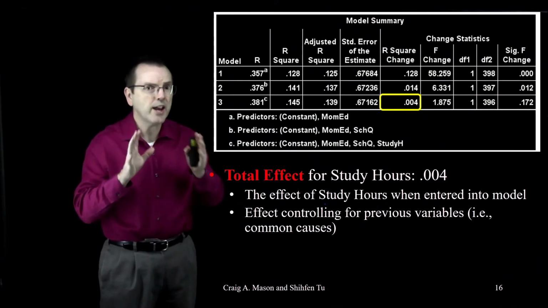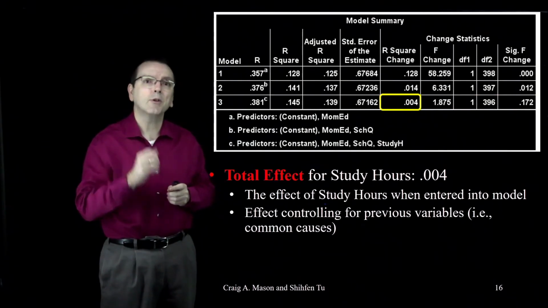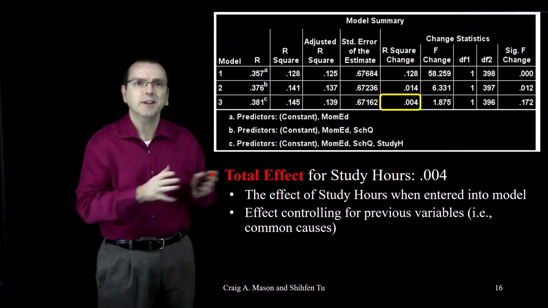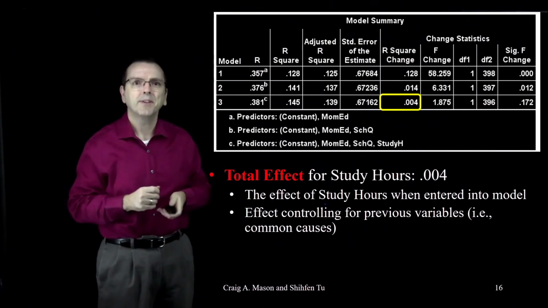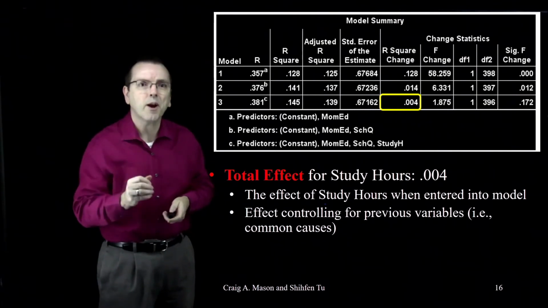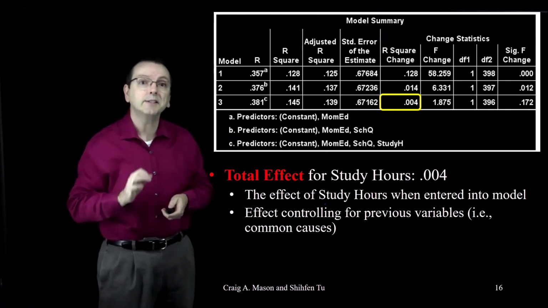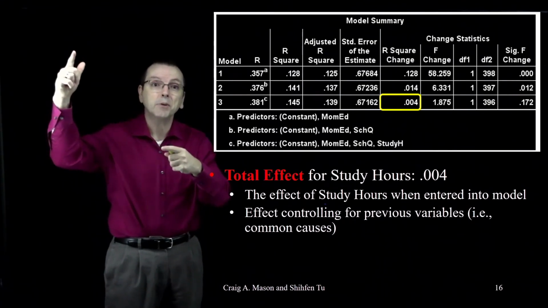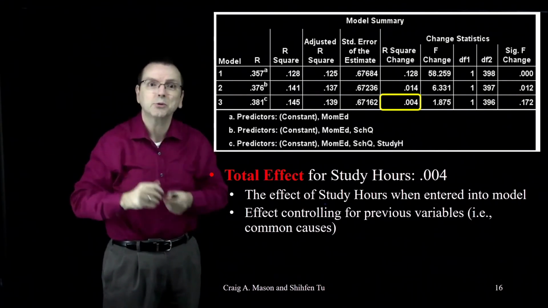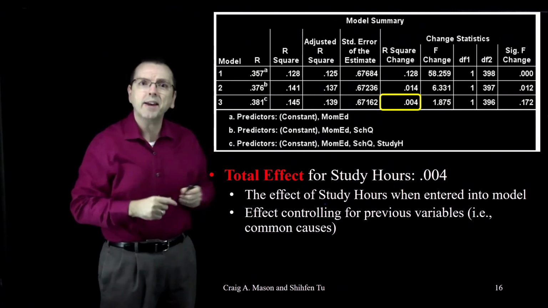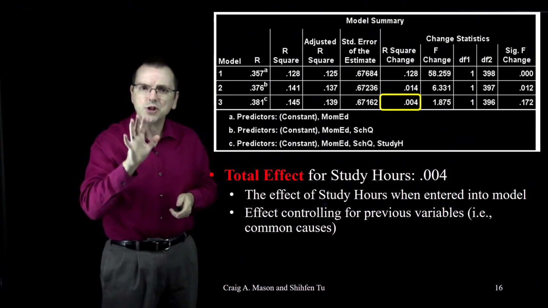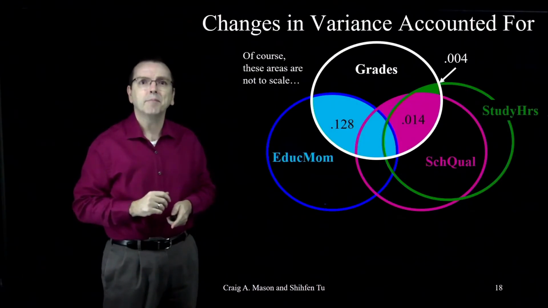Now, this change in R squared of 0.004 is the total effect for study hours, expressed as a variance, right? It's the variance in grades that's uniquely related to study hours after controlling for the preceding variables, mom's education and school quality, but before we've added any additional subsequent variables. Let's check that in a Venn diagram.